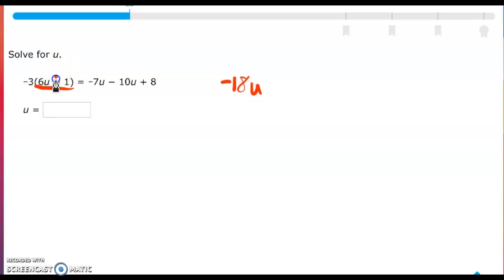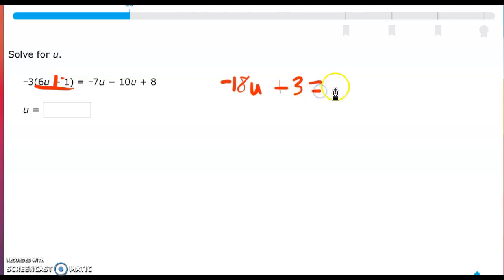Old school me used to teach that every time you saw a subtraction, you would change it to plus and negative. So you're going to multiply -3 times -1, which should give you a +3. So that's +3. And I have no idea why my marker is thick and then thin.